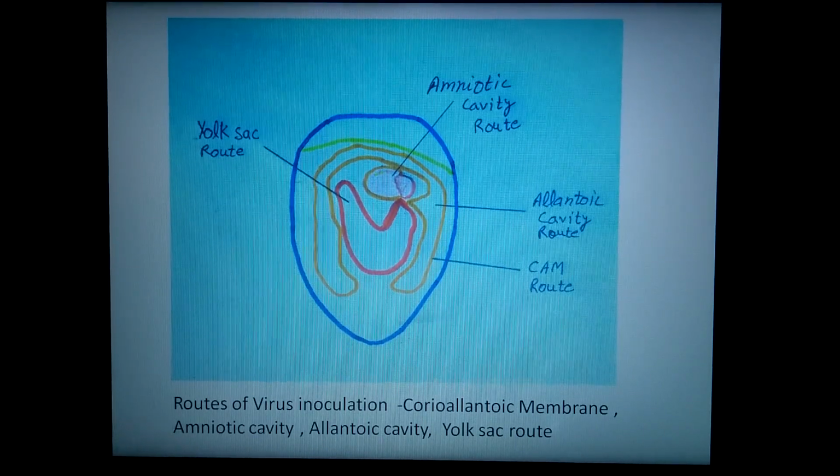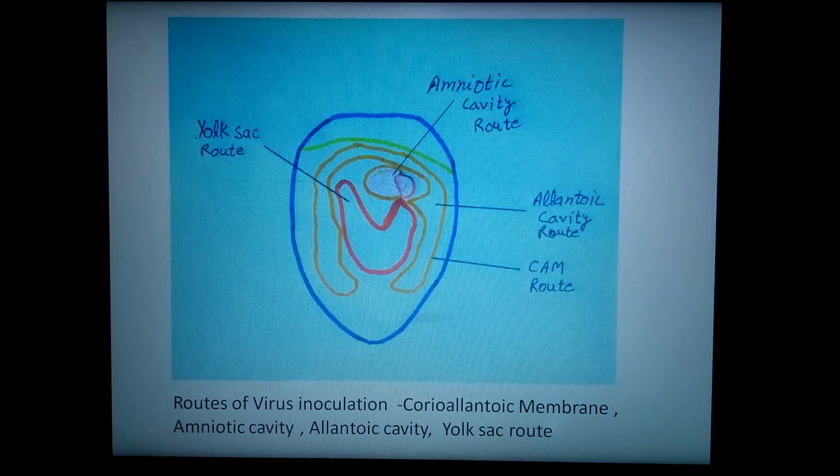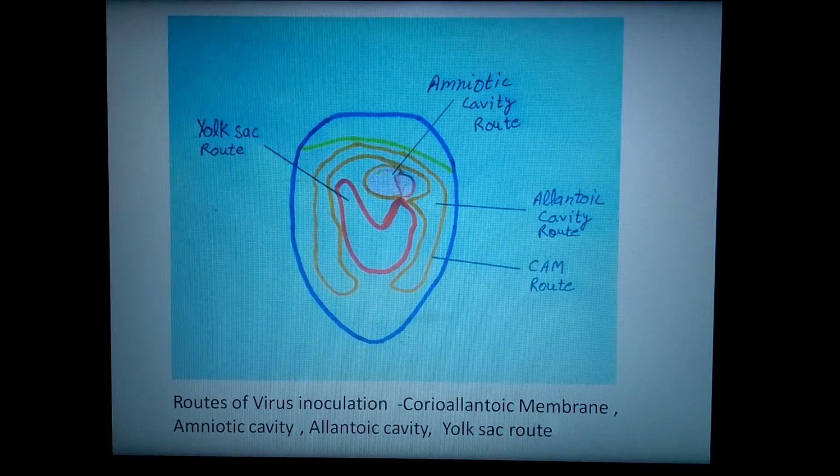So on the basis of their nature, their pathogenicity, their adaptability, we can select the route of inoculation. These are mainly four: yolk sac route, amniotic cavity route, allantoic cavity route, or chorioallantoic membrane route.